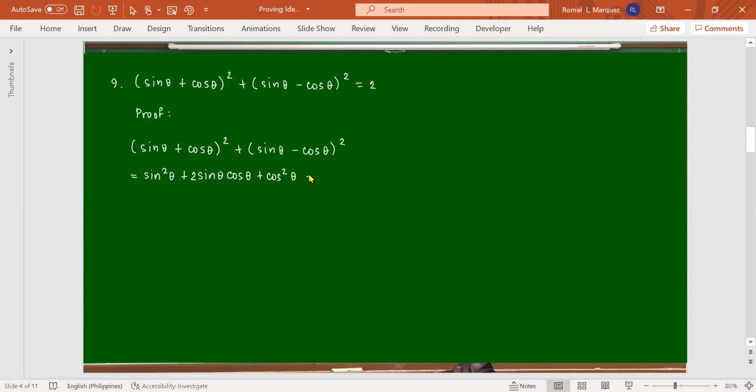Then the next one: plus the square of the first, minus 2 times the product of the first and the second, plus the square of the second. Okay?